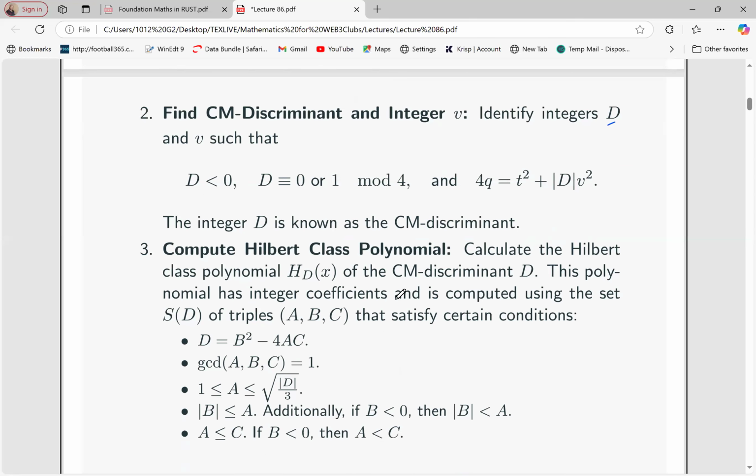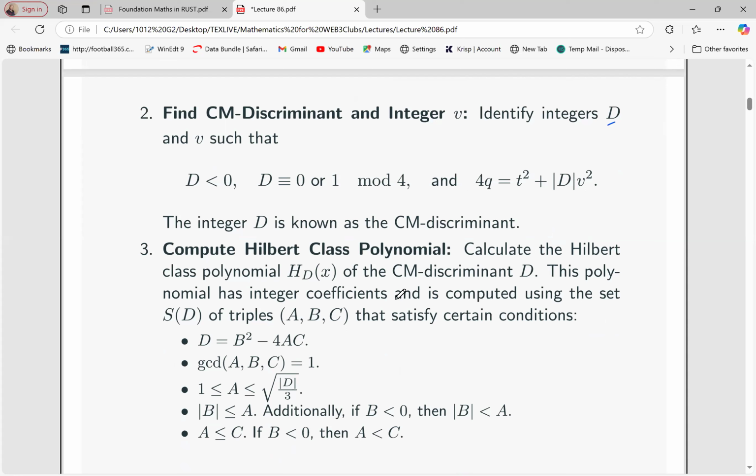Now, we have seen two steps. The first step, remember our task is to come up with an elliptic curve. The only thing we know at this point is that we want our elliptic curve to have a certain number of points, and we want it to be in a certain field.